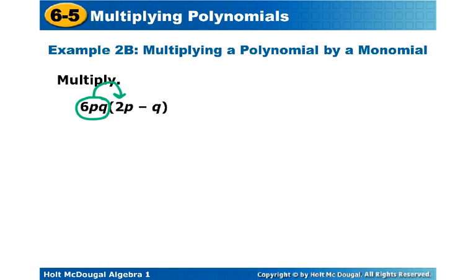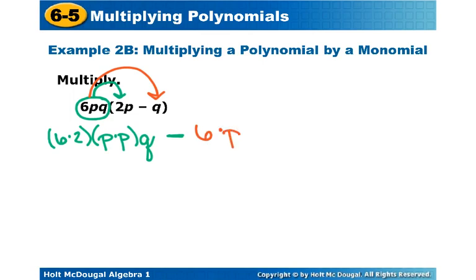So you're going to multiply the coefficients. So if you need to at this step to break it down for yourself, you can. So if you want to do it as 6 times 2, and then you have p times p, and then you still have q. Now you're subtracting that with, when you multiply this together now, so you have 6 times p times q times q.